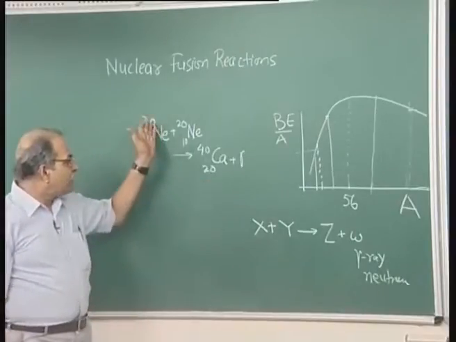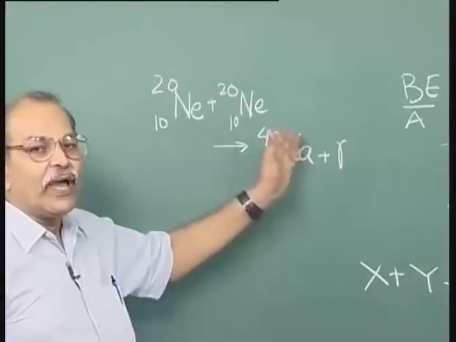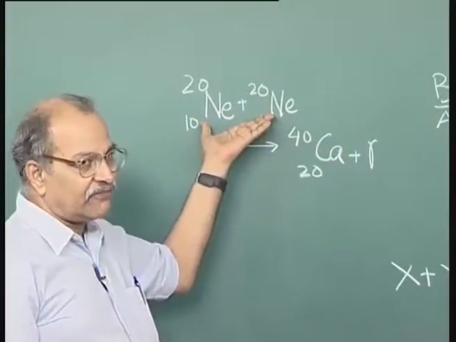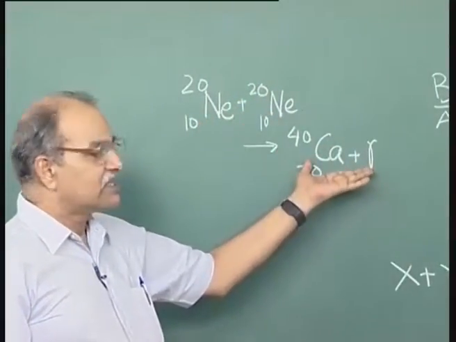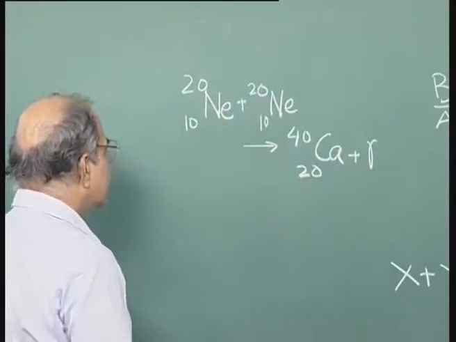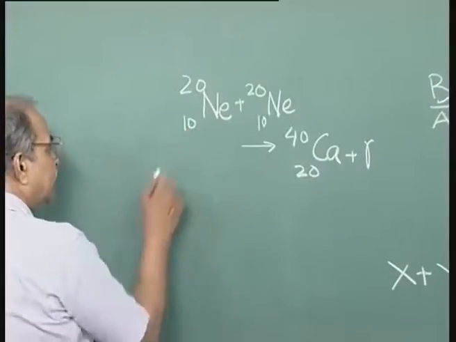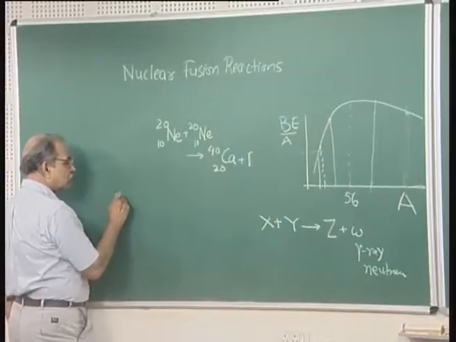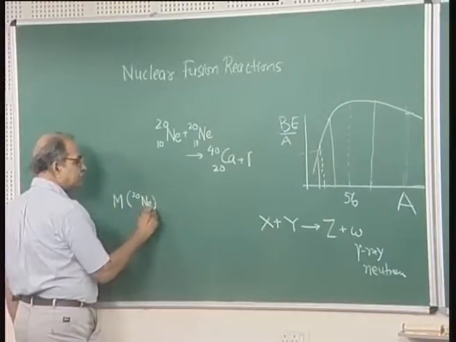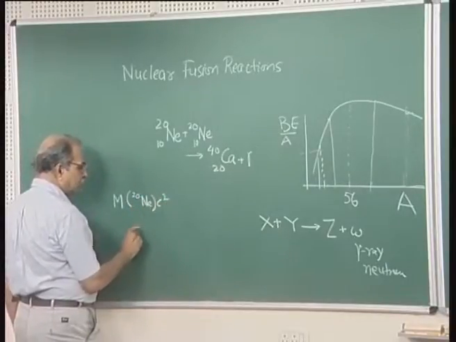So, if I look at the Q value, how much is the rest mass energy on the left, how much is the rest mass energy on the right. So, if I look at this rest mass energy on the left, it will be mass of this 20Ne times c squared.